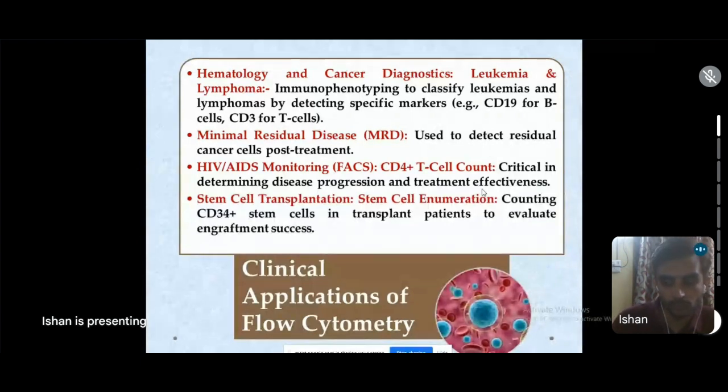Now, as we were talking about flow, there will be analysis of fluids basically. So we have to make the sample in the form of fluid. So fluid detection will be part of hematology and cancer diagnosis.